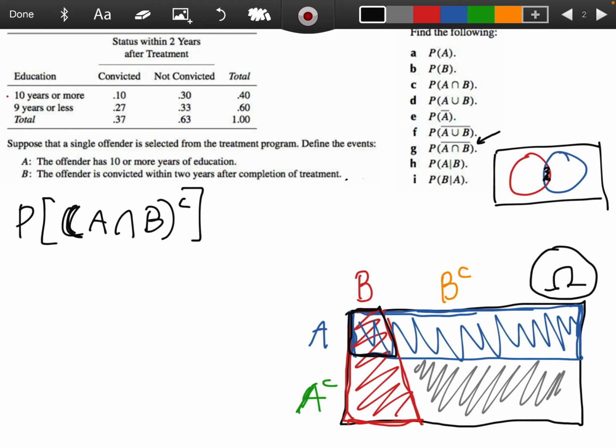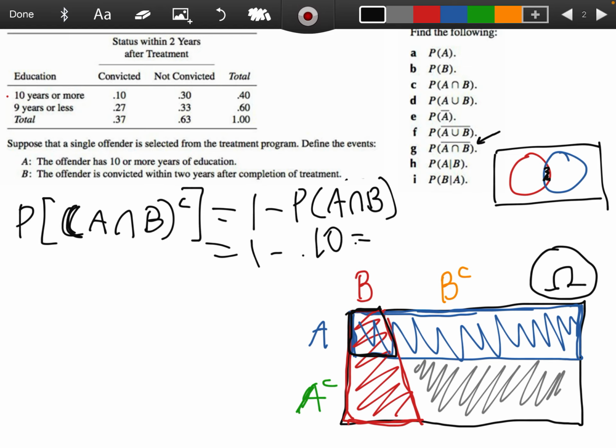That's those who are convicted within 2 years and had 10 or more years of education. So we want 1 minus the probability of A and B both occurring. 1 minus 0.10 equals 0.90 or 90%.